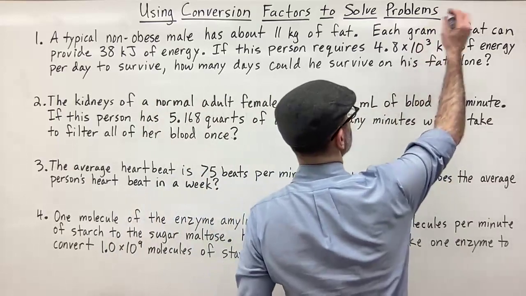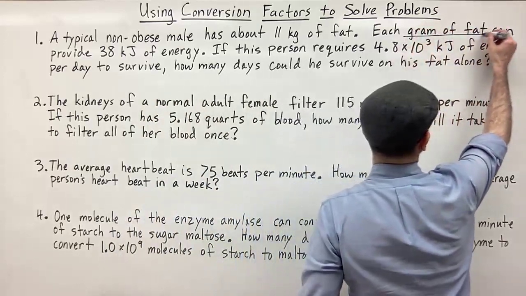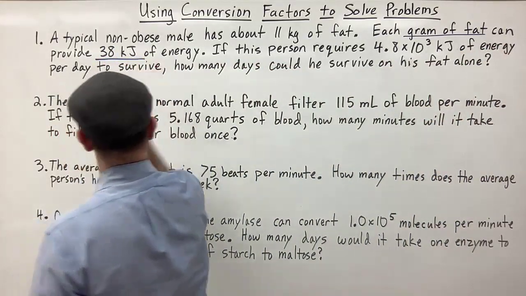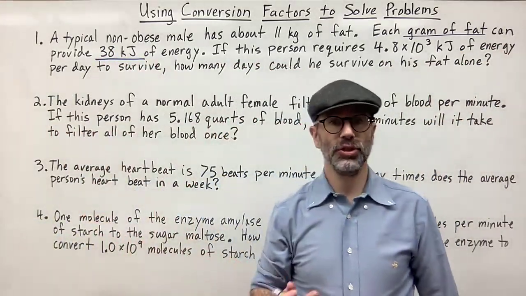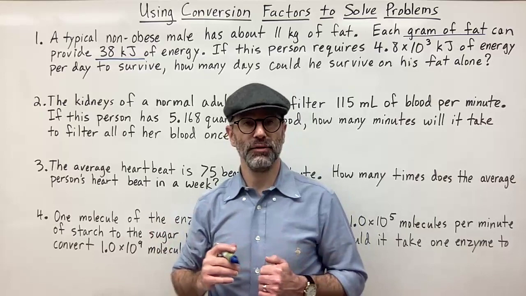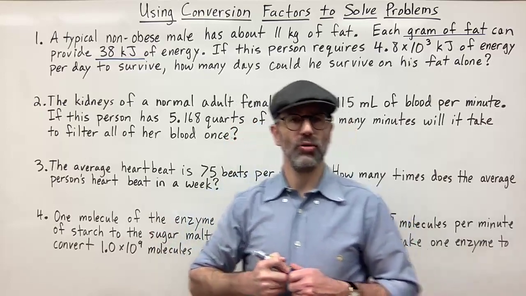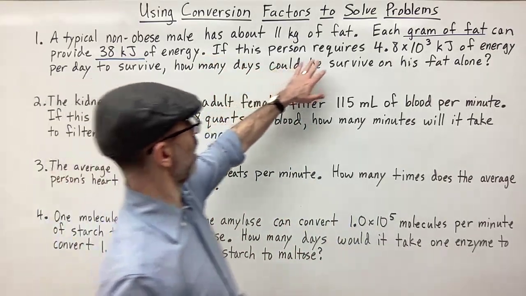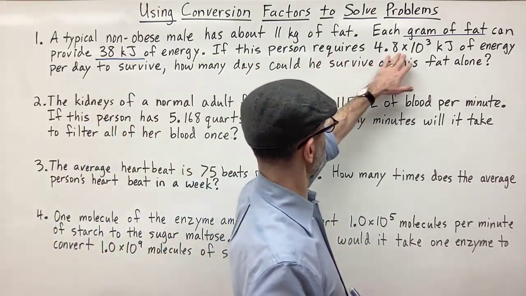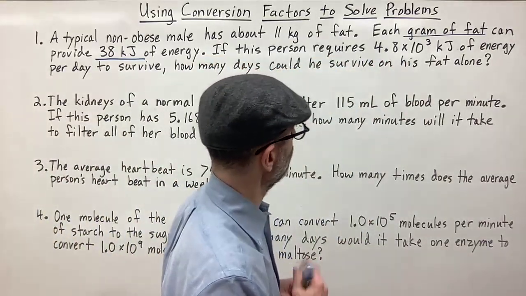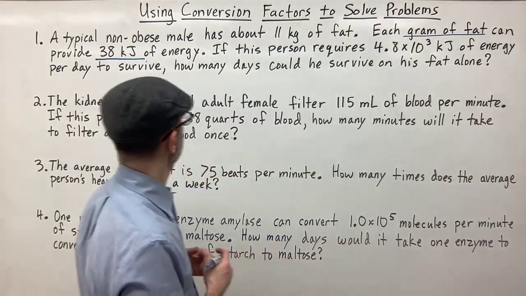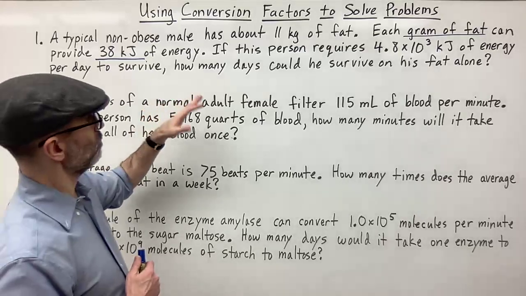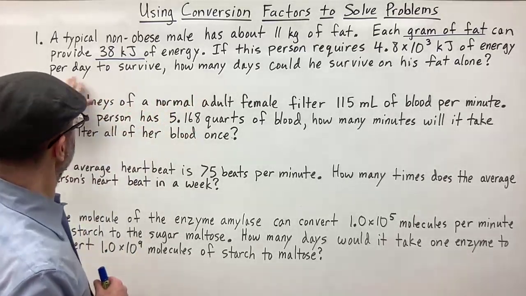So 1 gram of fat and 38 kilojoules of energy are related to each other. We can use that as a conversion factor. So that's really the only conversion factor I see. It says if this person requires 4.8 times 10 to the 3 kilojoules of energy per day, right?